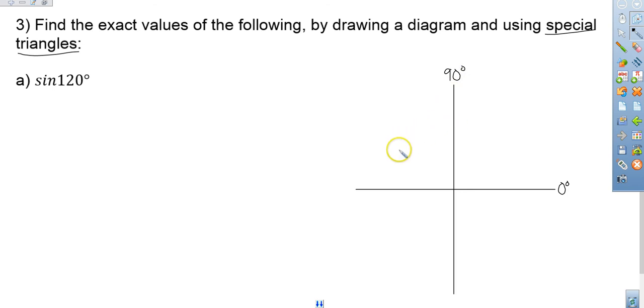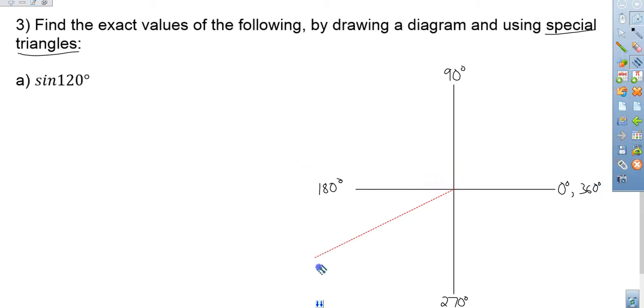Okay, if you keep rotating, we got 180 here, rotating, 270 degrees. And then if you rotate all the way around again, that axis actually could represent 360 degrees as well.